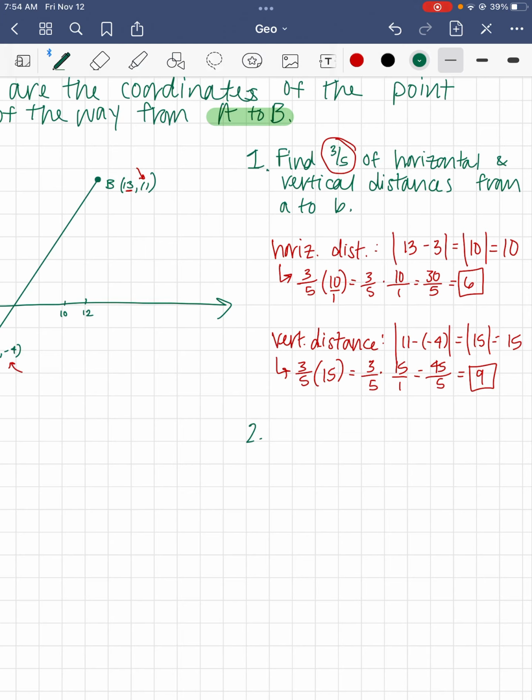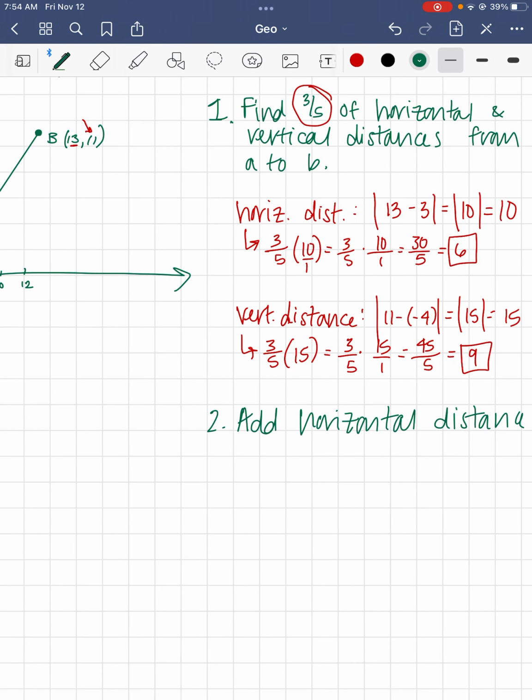So step 2 is going to be add the horizontal distance. Okay, and this is going to be the 3/5 of the horizontal distance, which is 6, to the x-coordinate.